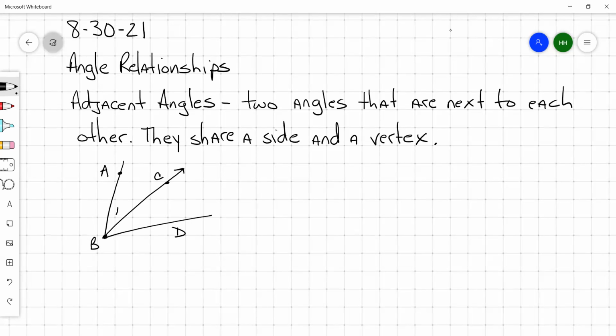And then you've got another angle, CBD. Put a 2 in there, call it angle 2. All right, angle 1 and angle 2, they are adjacent. They're next to each other. They both share vertex B, and they both share this side BC. Okay? So another example.